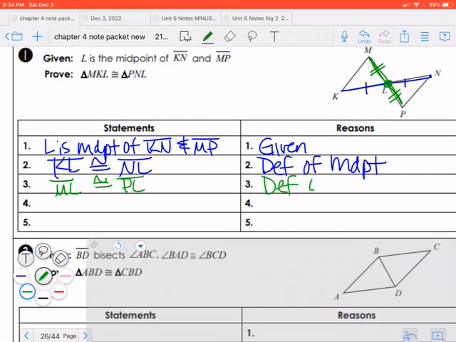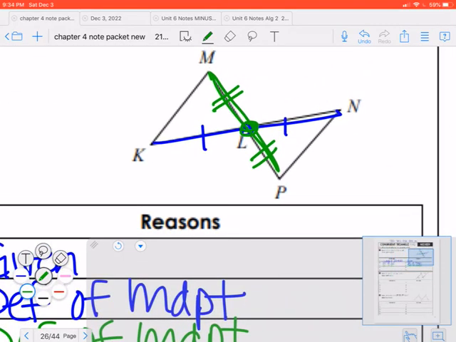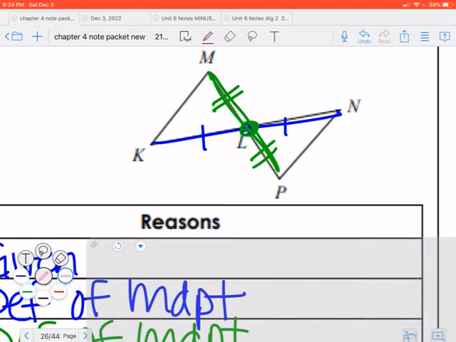Again, because of the definition of midpoint. Okay, look at our diagram. We have two sides, side, side. Hopefully you've recognized it so far.